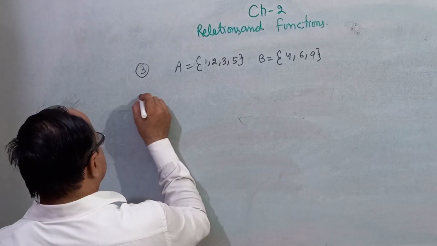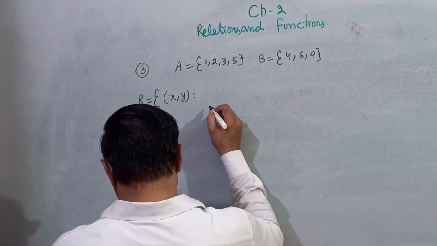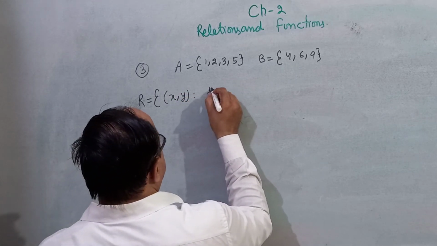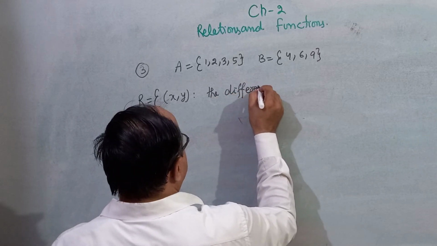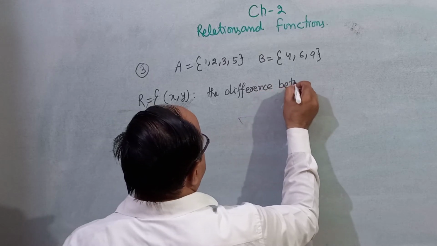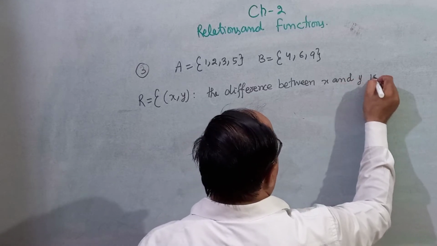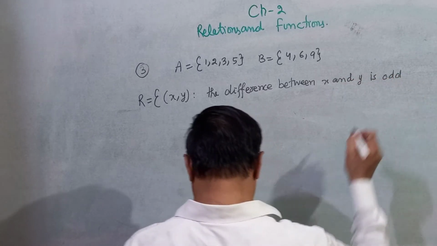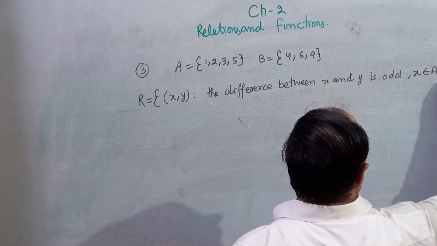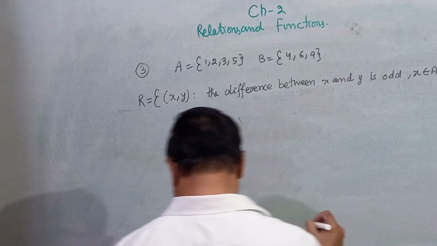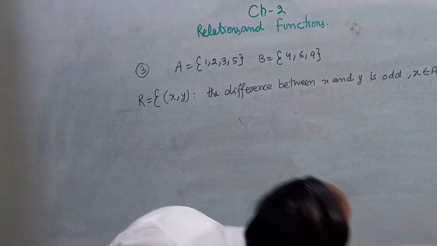The relation R is the set of ordered pairs (x, y) such that the difference between x and y is odd, where x belongs to A and y belongs to B. Write R in the roster form.